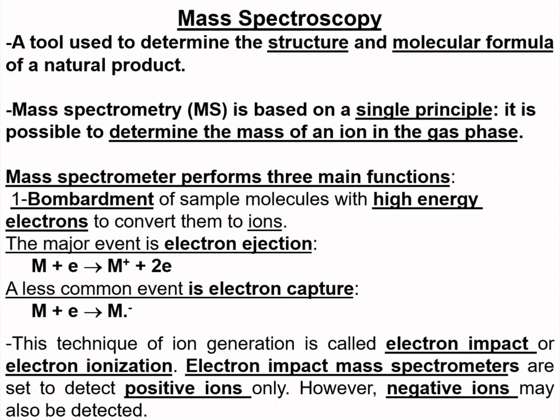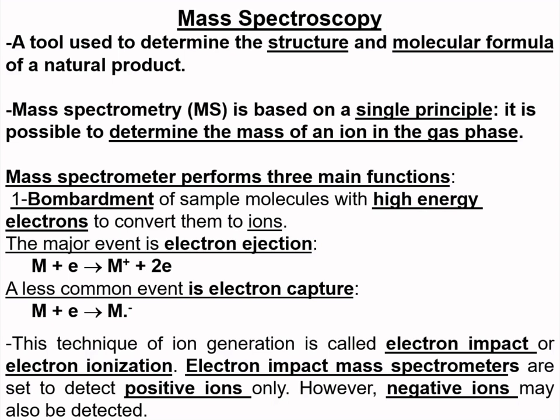The first step is the bombardment. The molecules in gas phase are bombarded with high energy electrons. This will result in electron ejection and formation of positive ions. This is the main event. A less frequent event is electron capture, which is a very, very minor event.